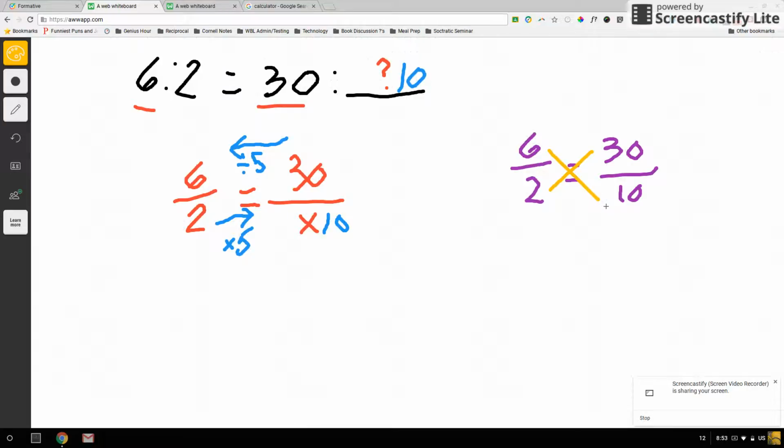And if those numbers come up as the same, that means we have an equivalent ratio. So if I take 2 times 30, 2 times 30 is 60. All right. 6 times 10 is 60. Those numbers are the same, which means that these ratios are equivalent.